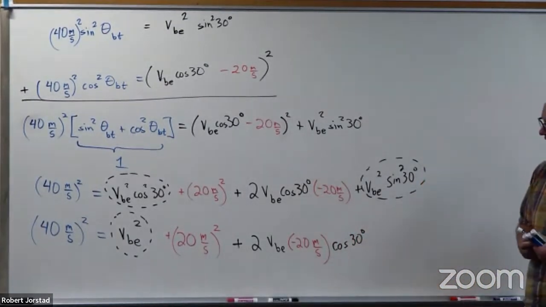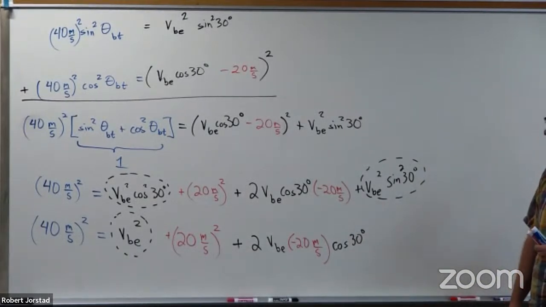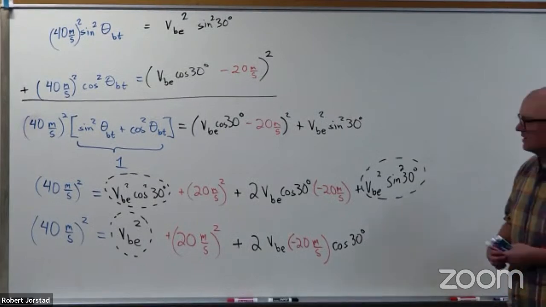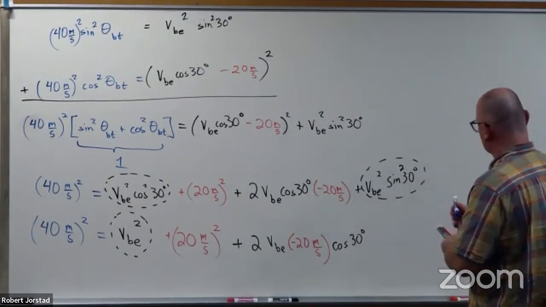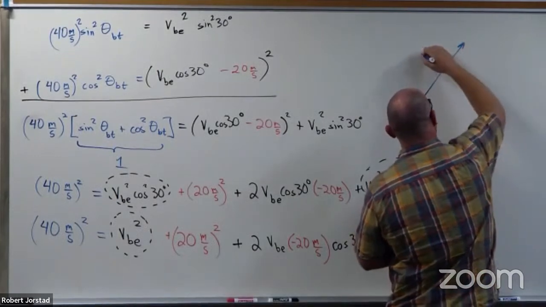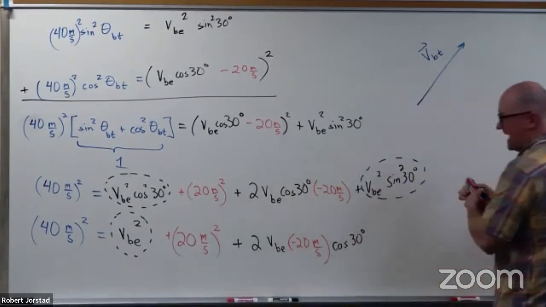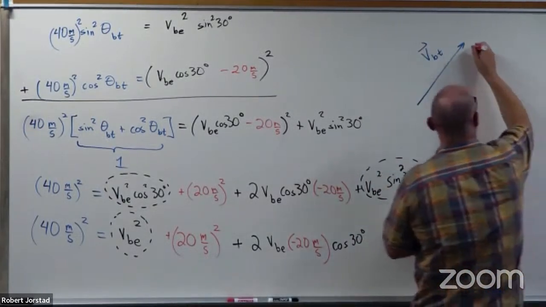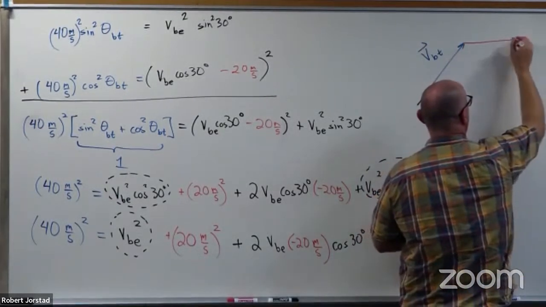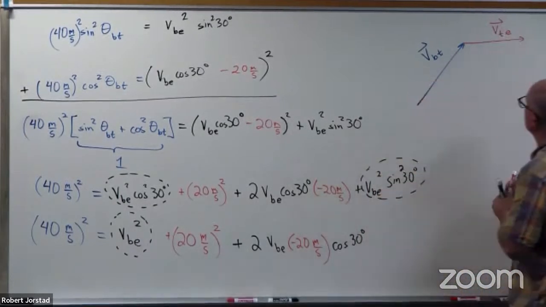And if it helps, you can kind of draw a picture of this thing to try and help visualize it. So in this case, I'm going to throw it this way. This is the velocity of the ball relative to the train. I'm going to add to that the velocity of the train relative to the earth.